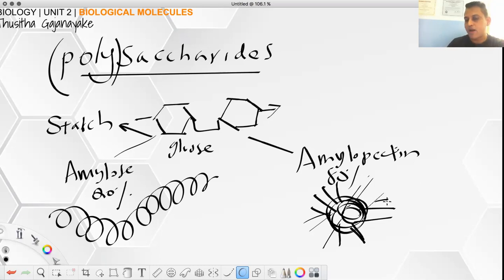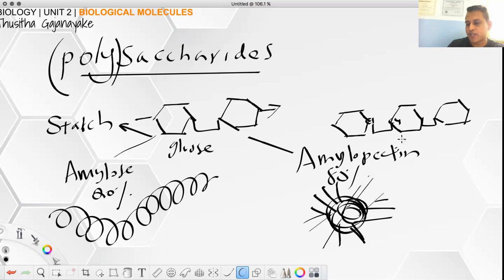So how do they make the branches? It's like this. One glucose molecule joins here at carbon number 1, and the other glucose molecule reacts with carbon number 1 to carbon number 4, so they make the bond. Likewise, many glucose molecules join together to make the linear structure.